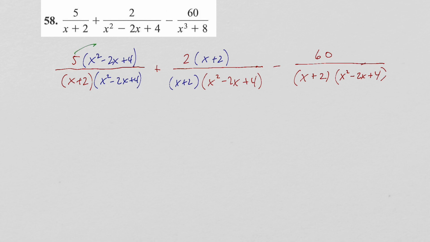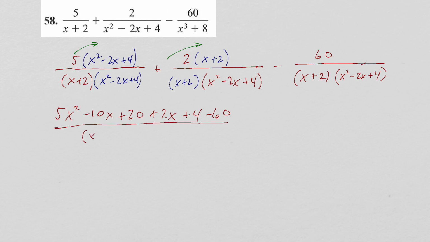So now I'll distribute my 5, and I'm going to get 5x squared minus 10x plus 20. I'll distribute the positive 2, and I'll get a positive 2x plus 4, and then I have minus 60 all over x plus 2 times x squared minus 2x plus 4.